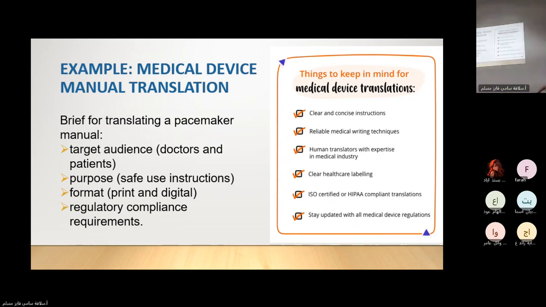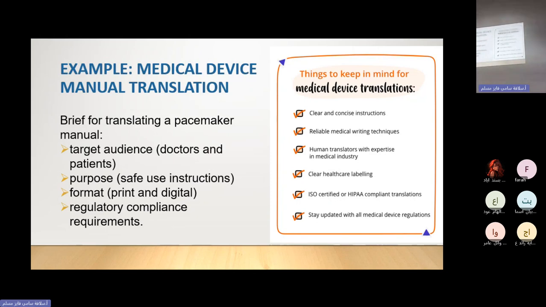Example. For example, we have a medical device manual for translation. So what does the brief for translating this particular device, which is here a pacemaker, okay, what does a pacemaker need?